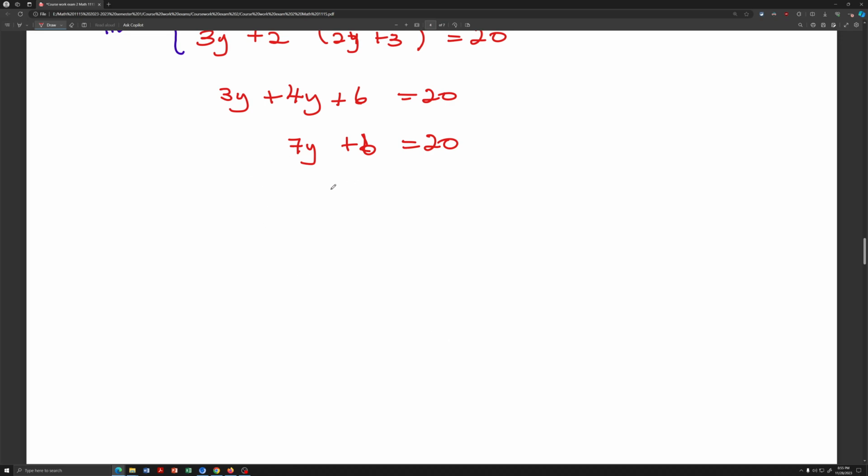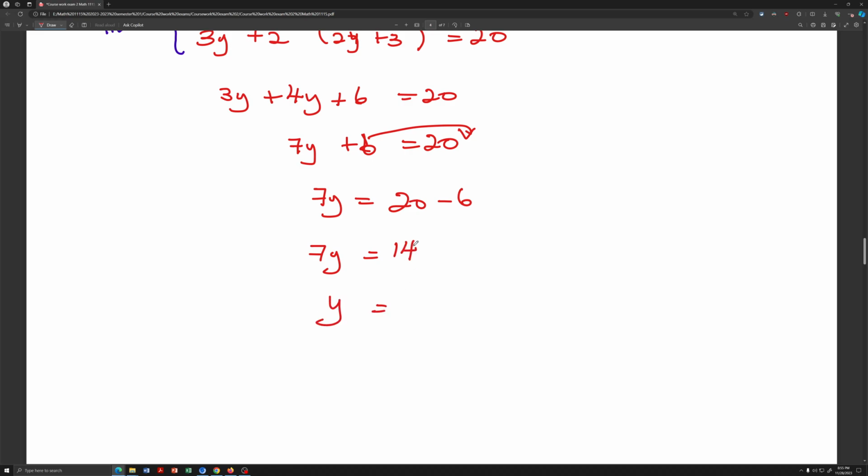So 7y is equal to 20. Take this 6 and bring it on the other side of the equation. You'll get negative 6. So 7y is equal to 20 minus 6. So that's 14.